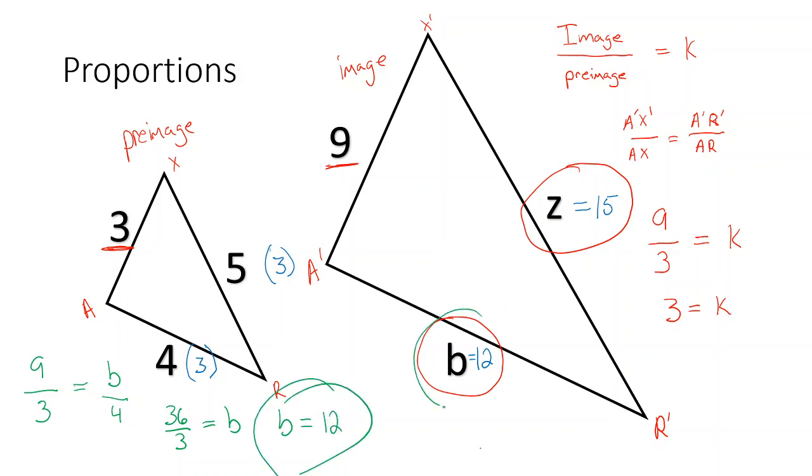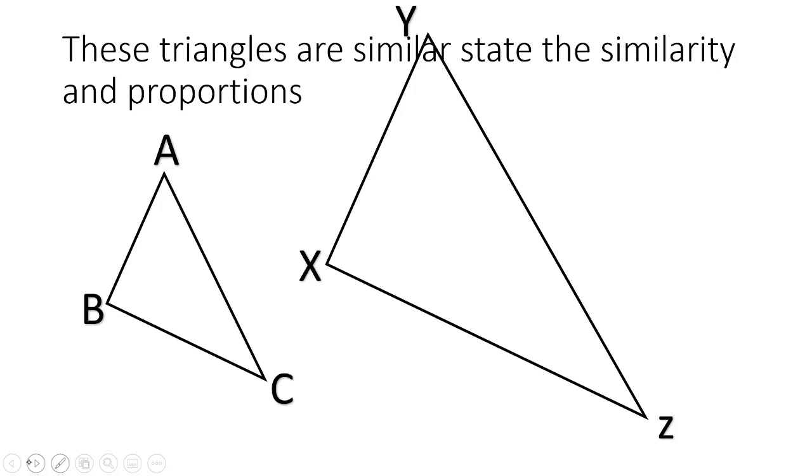You see, both ways you do it, setting it up as a proportion or finding the k value, will give you the same answer. All right, let's move on to the next slide.